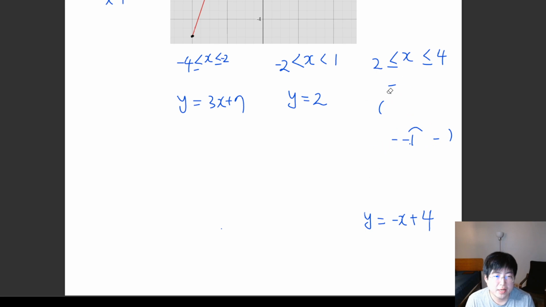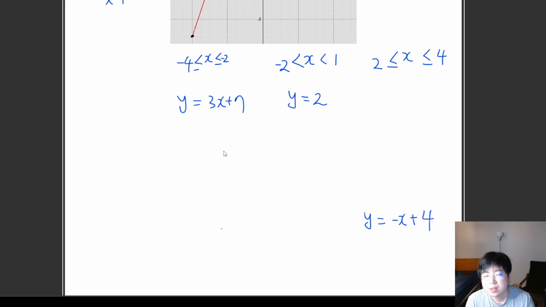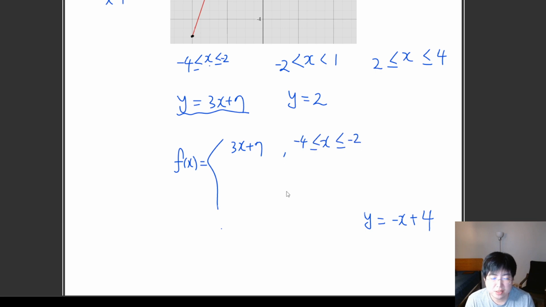So this is the third portion of the graph. So now we can combine all these three pieces of information together to make one piecewise function. So you can say y, or f of x, equals, so what is the first portion? 3x plus 7, right? When x is between negative 4 and negative 2 inclusive, okay? And how about the second portion?